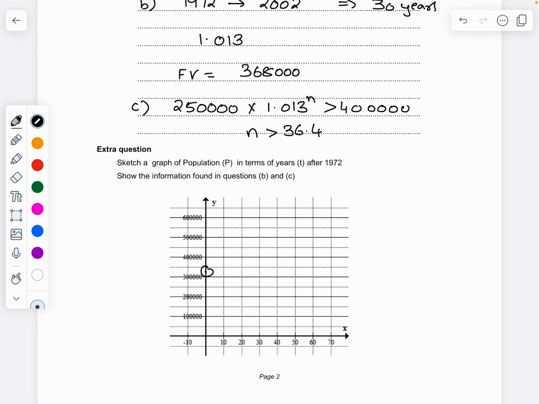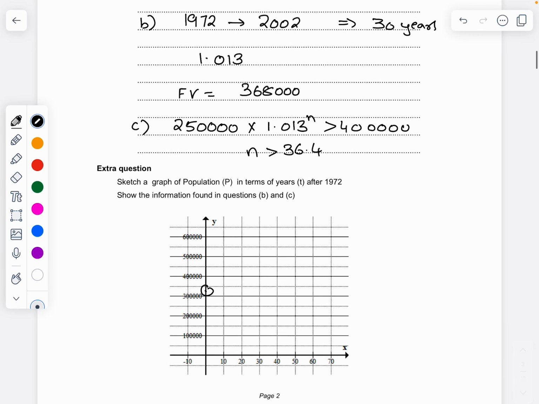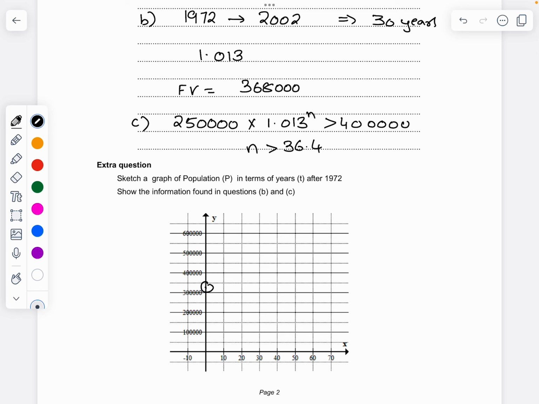Then part B, in 2002, after 30 years it is 368,000. So it is approximately 400,000, and at 36.4 it becomes 400,000. So it keeps on increasing in this way.